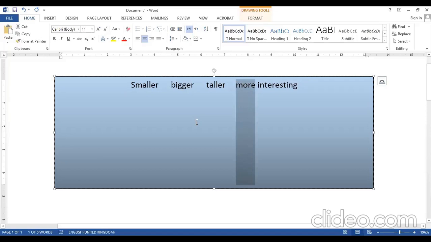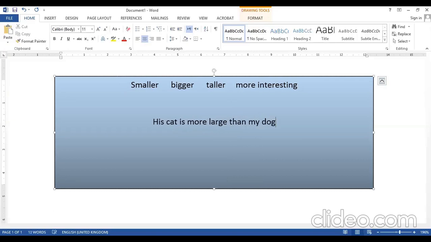Many people make mistakes in using incorrectly formed adjectives. Like, for example, some of them say, his cat is more large than my dog. This is incorrect, right?